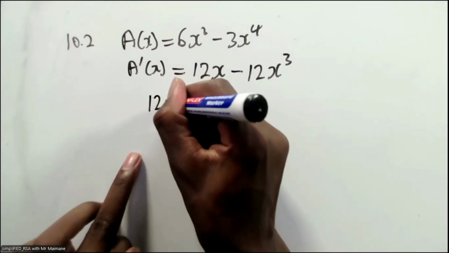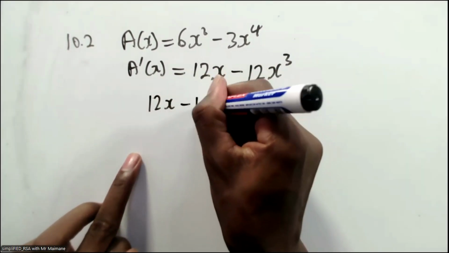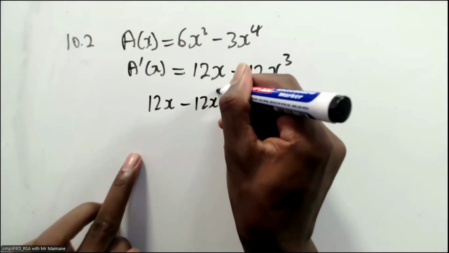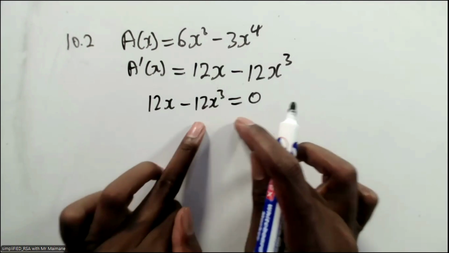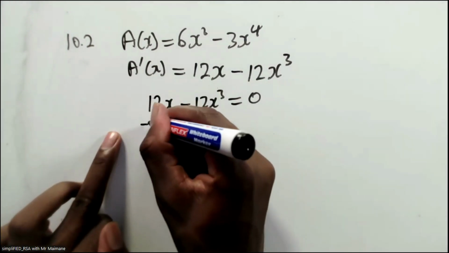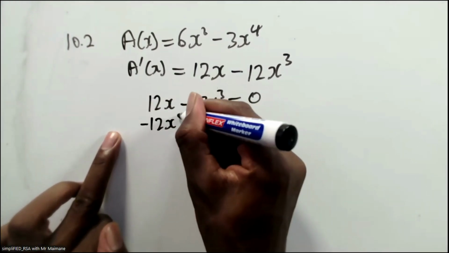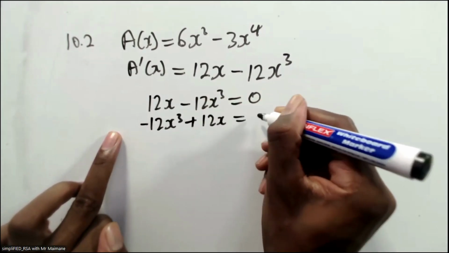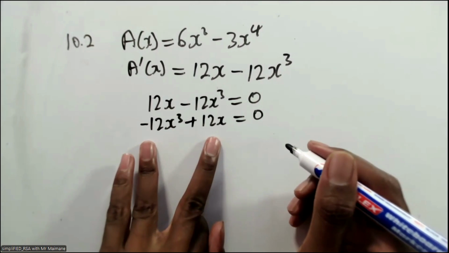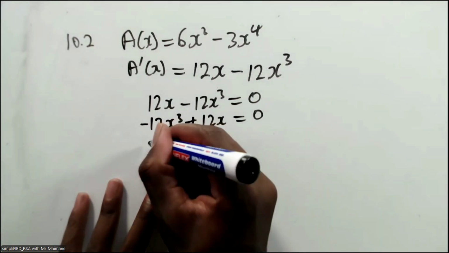Therefore, 12x minus 12x cubed equals 0. And then I will solve for x here. Just to put this properly, I can write it like this, such that I want my first factor to be positive.